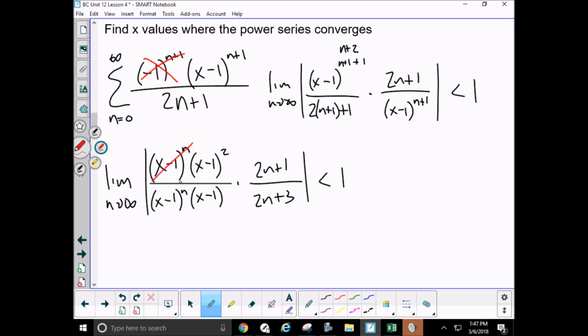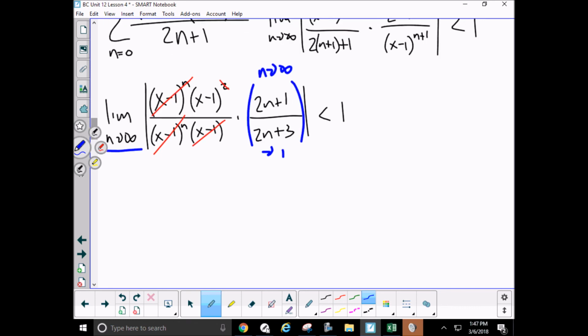x minus 1 to the n cancel. One of these cancels with one of these. You can't simplify this, but as n approaches infinity, this guy also approaches 1, giving me the evaluated limit, which is the absolute value of x minus 1, has to be less than 1.